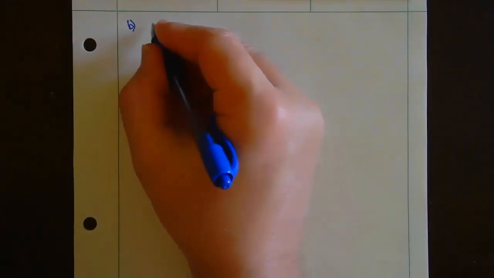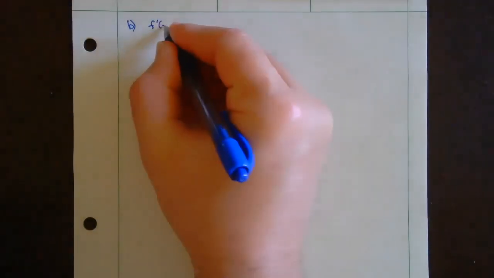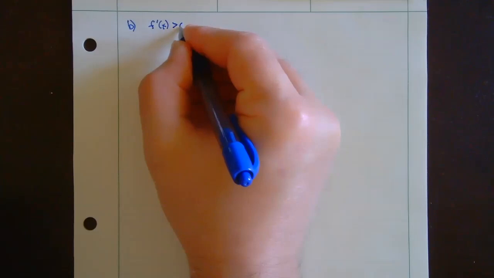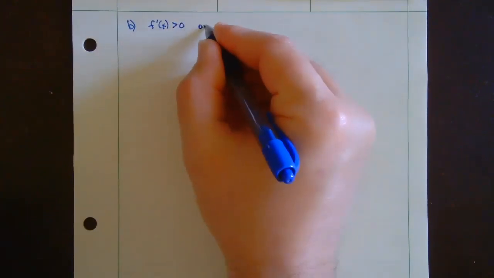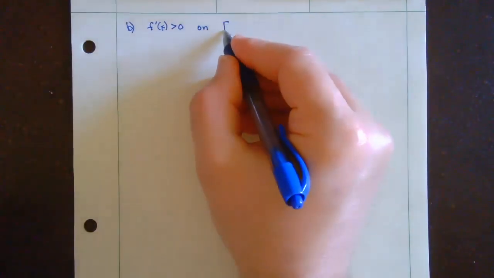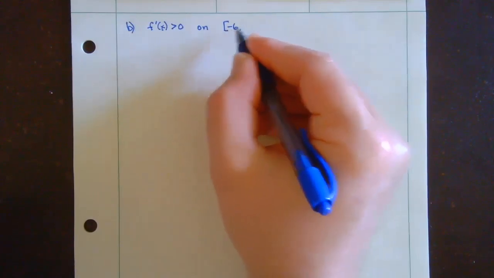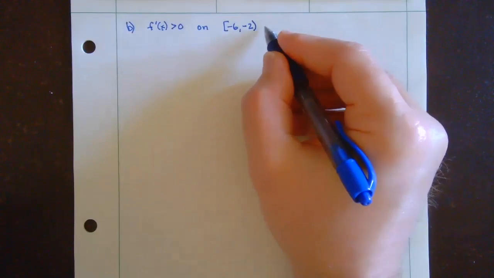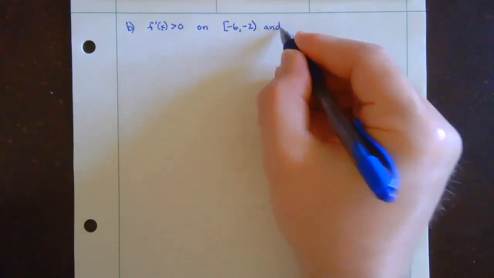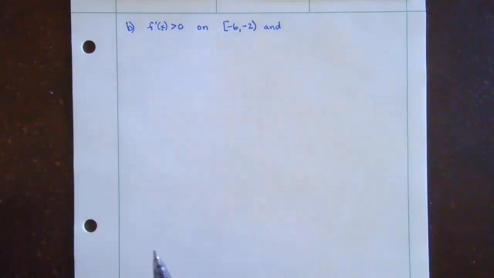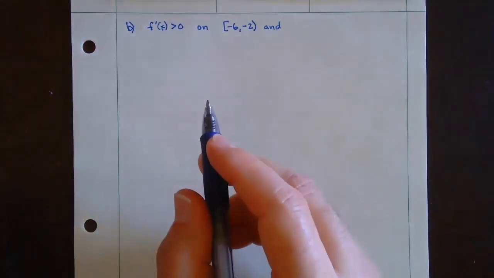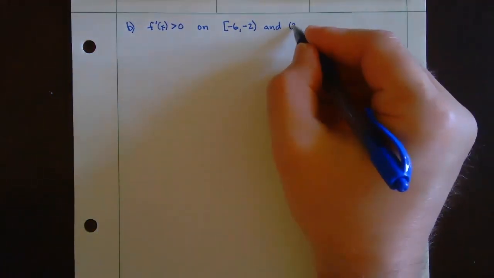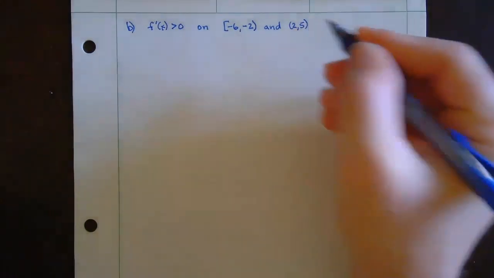So f prime of x is greater than 0 on [-6, -2), or you could put a union here, and it's also positive between 2 and 5.